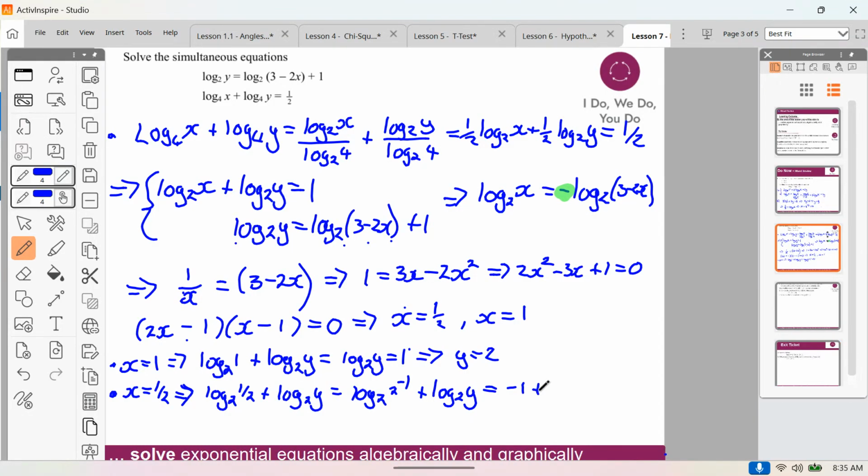Minus 1 plus log 2 of y equals 1. Log 2 of y equals 2. Two to the 2 equals y, which implies y equals 4.